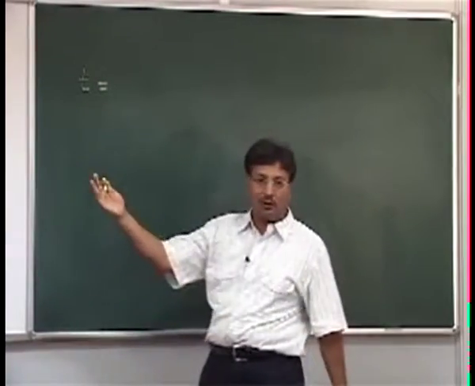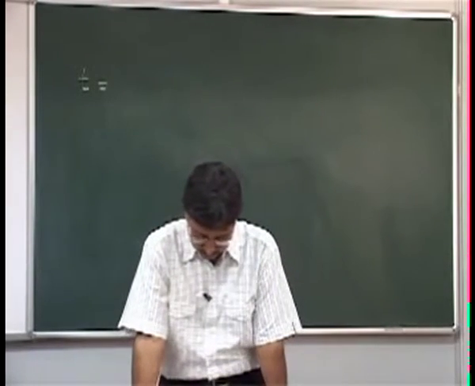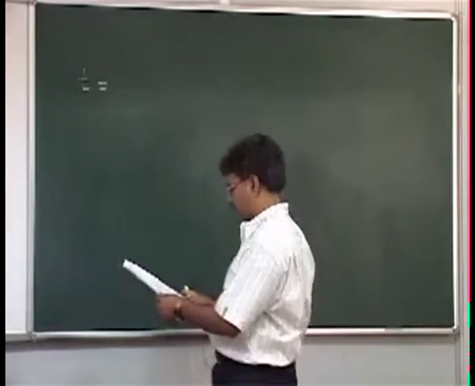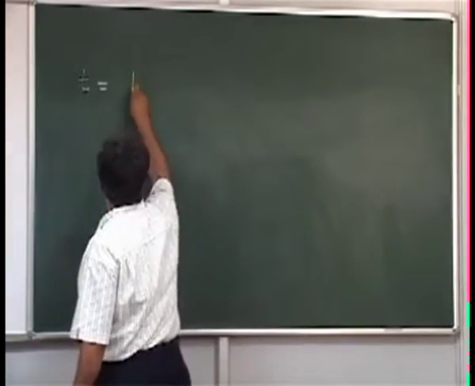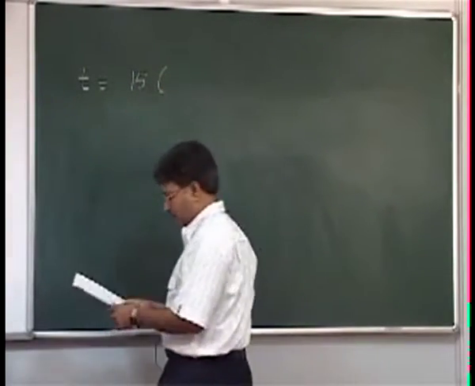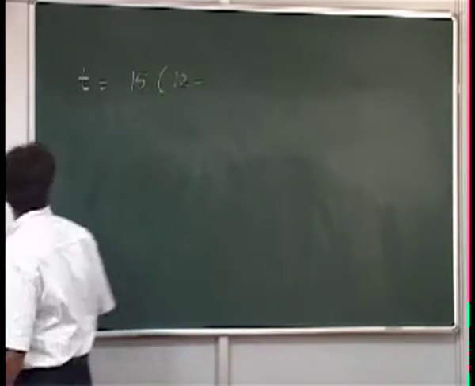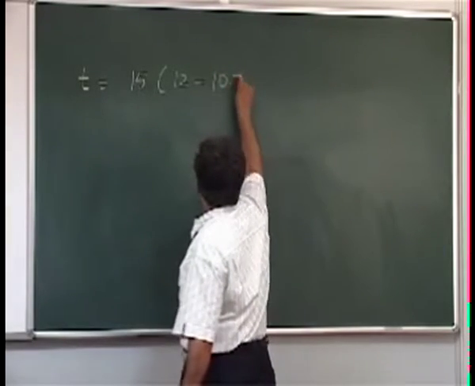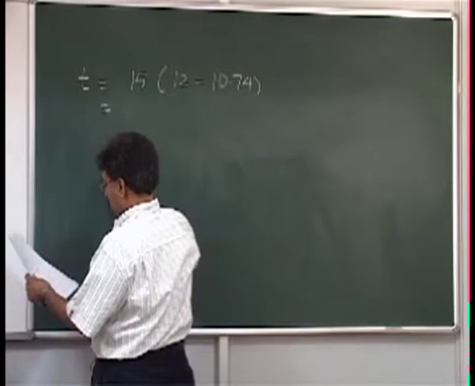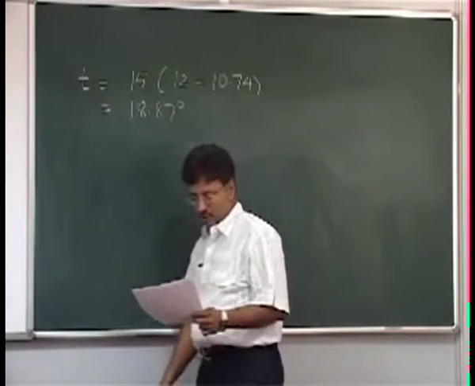I am very close to 12 o'clock, so what do you expect the value of t to be? It was 15 times (12 minus TA), where TA is 10.74, and that came out to be 18.87 degrees.